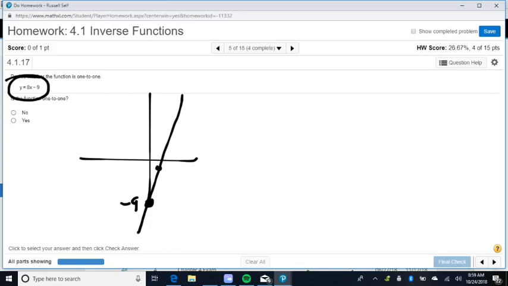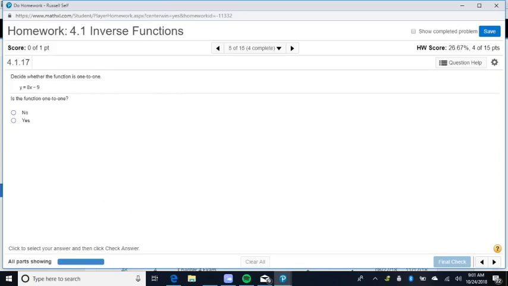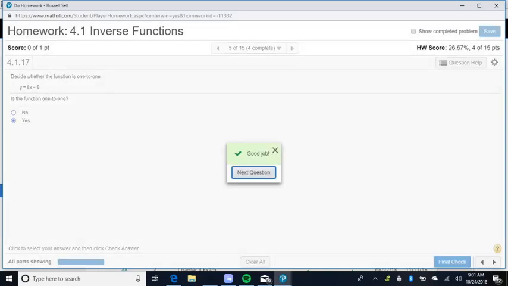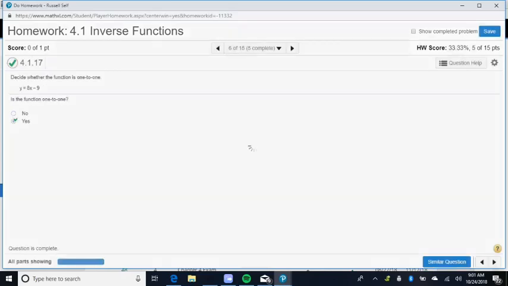If that's -9, the y-intercept. So there's no way that this thing is not one-to-one, because you couldn't hit it with a vertical line more than once, and you couldn't hit it more than once with a horizontal line either. So yes, this is the graph of a function. And you're going to find that unless it's that special case where it's a horizontal line, every linear equation other than that is one-to-one. Okay?